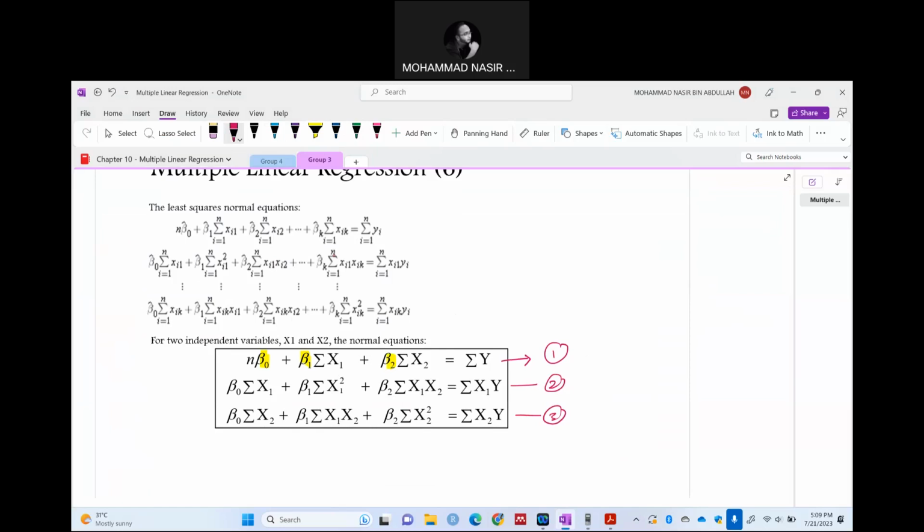All together, we need 9 numerical summaries: summation of x1, summation of x2, summation of x1 square, summation of x2 square, summation of x1x2, summation of x1y, summation of x2y, and last is the number of observations. Altogether, we should have 9, I think.